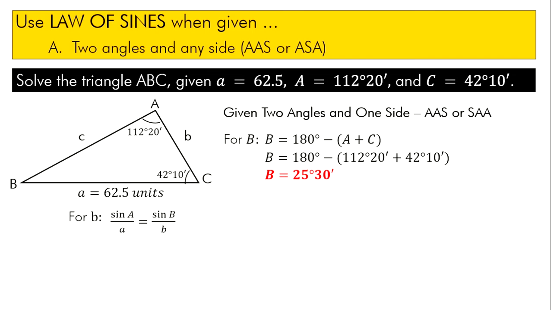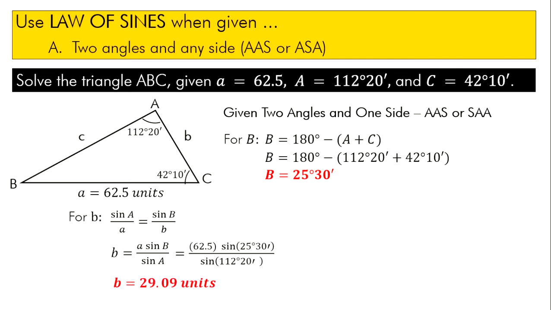Substituting, b is equal to a sine B over sine A, which is 62.5 sine 25 degrees 30 minutes all over sine 112 degrees 20 minutes. Using the calculator, the value is 29.09 units. So the side b is 29.09.